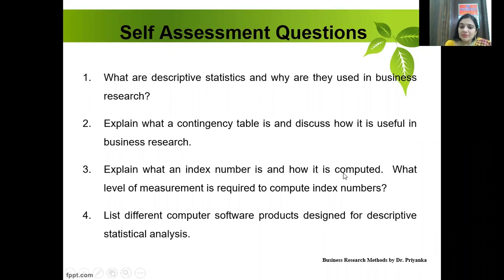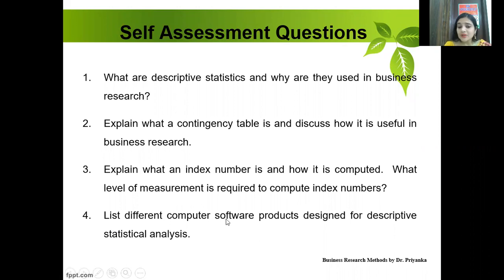If the data are time related, a base year is chosen and the index numbers are computed by dividing each year's activity by the base year activity and multiplying it again by 100. Index numbers basically require ratio measurement scales. It would not be done with nominal or ordinal scales.